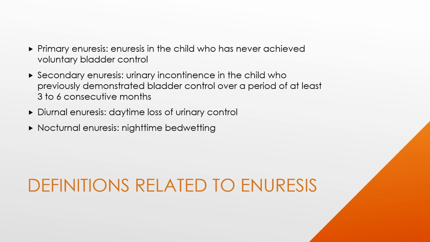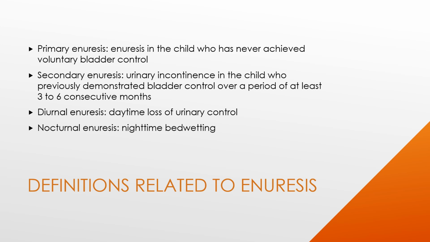So just some definitions that are related to enuresis. We can have primary, secondary, diurnal, and nocturnal. Primary enuresis is that the child never achieved any voluntary bladder control. So these are the patients maybe with spina bifida.